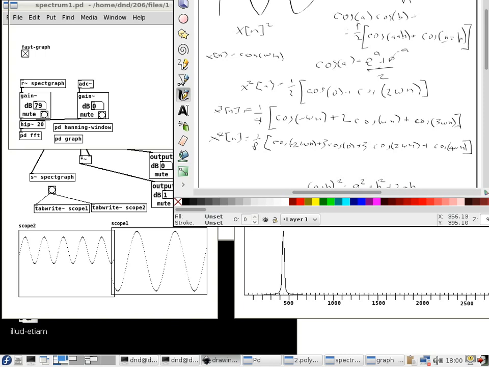Then we're going to multiply cosine of omega n by cosine of 2 omega n, and we'll get cosine of 2 omega n minus omega n, which is another one of these, therefore 2. And then we'll get cosine of 2 omega n plus omega n, which is one of these. So in general, each of these terms, like this one, gets fed from this term and from this term, which is the way Pascal's triangle is built.